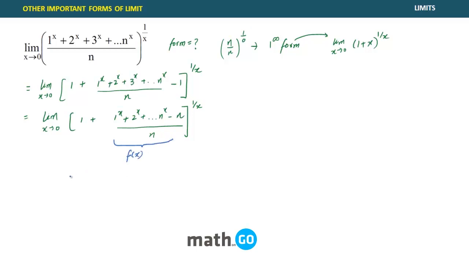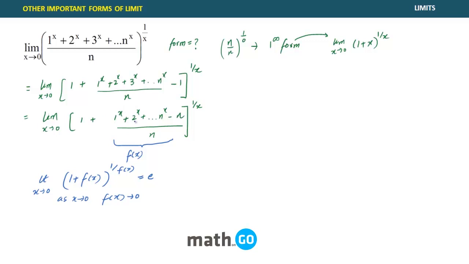So the formula is that 1 plus f(x) raised to power 1 upon f(x) reduces to e, if x approaches 0 and f(x) also approaches 0. Is this happening over here? See to it. If you put x equal to 0, the entire stuff becomes 0.